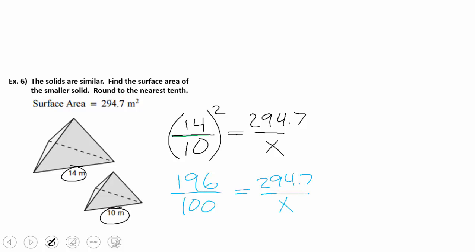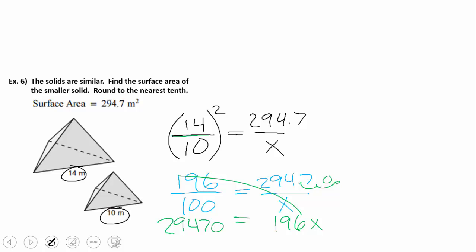And so now we have that is equal to 294.7 over x. And then when we do our cross products, you know I like to use green for that, I get 196x is equal to 29,470. Multiplying by 100 just moves that decimal over twice, so that's pretty easy to do. And then all you have to do is divide by 196.